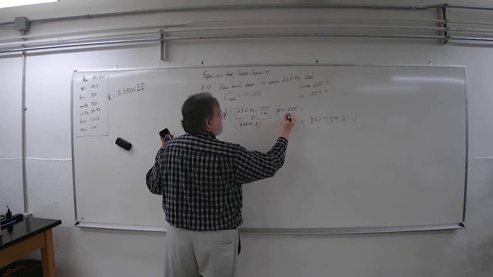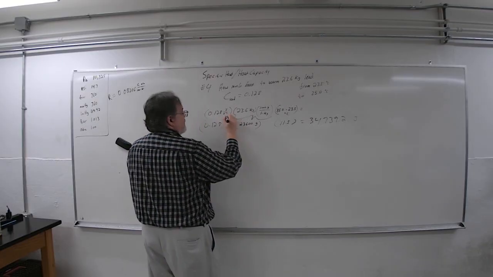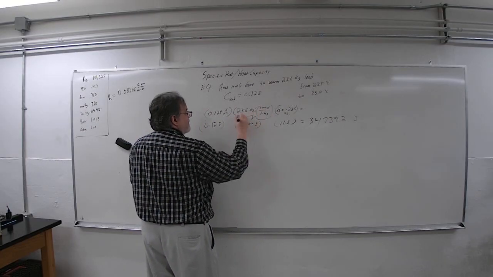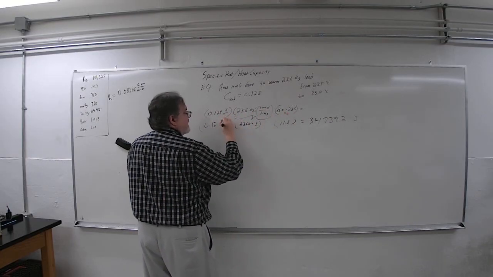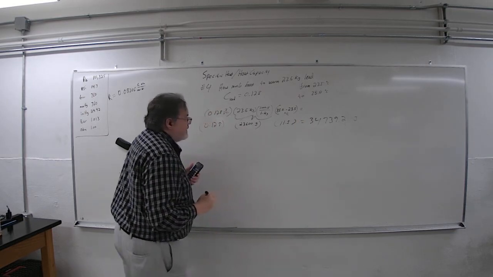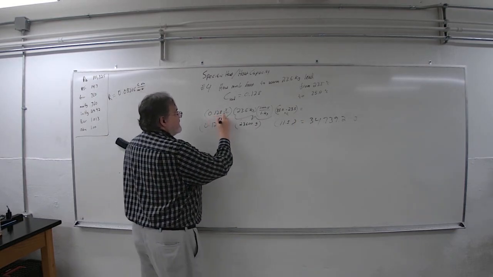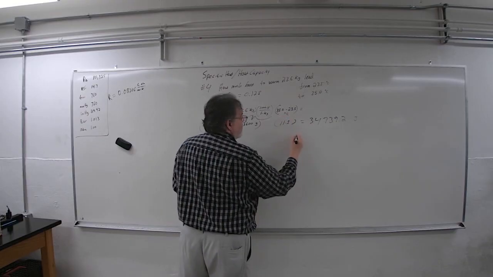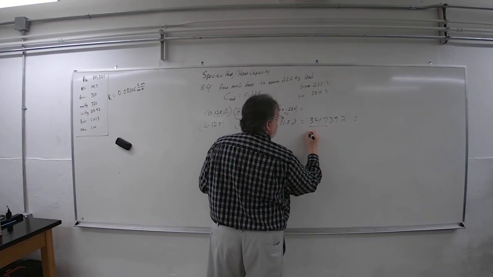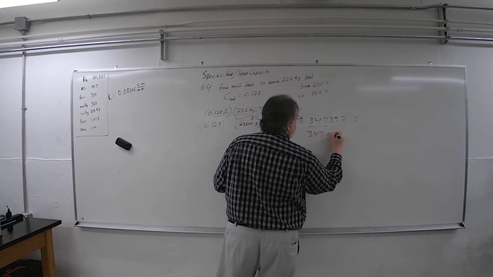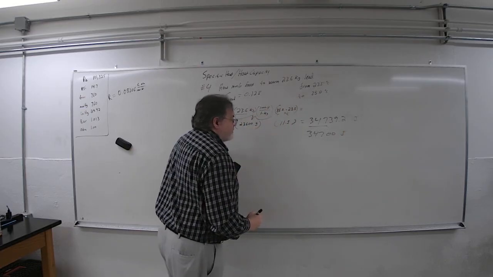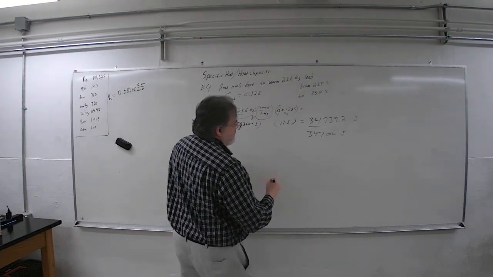So kilograms cancel, grams cancel, and degree C cancel, so in joules. We have 3 significant figures, 3 and 3, so really I'm just keeping that. So that works.